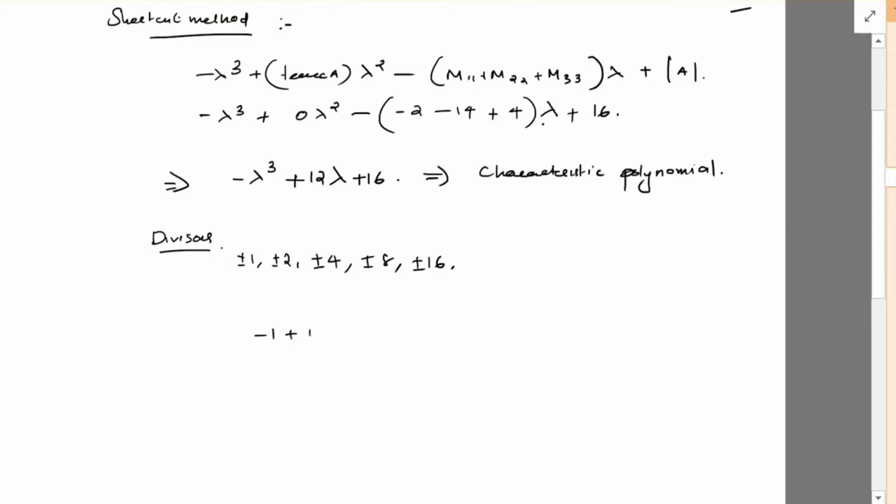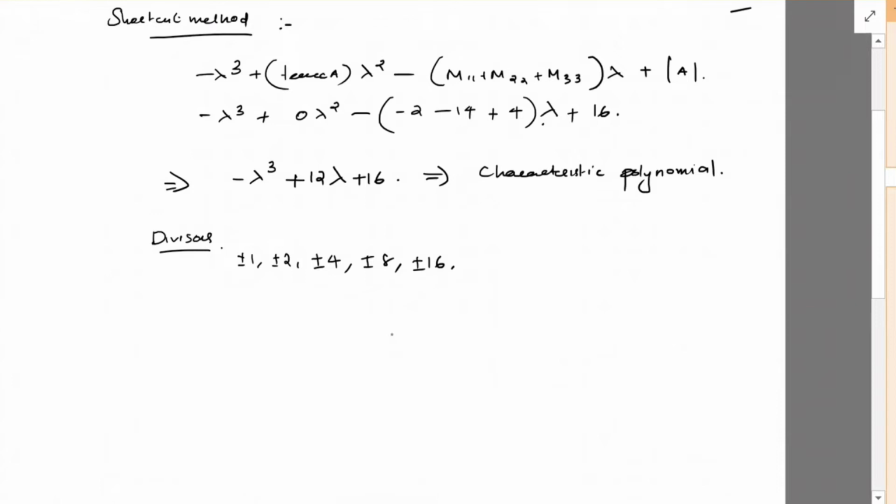Minus 1 plus 12 plus 16, which is not equal to 0. So 1 is not a root. Check minus 1. By substituting minus 1, it will be minus 1 cube, that is plus 1, minus 12 plus 16, which is also not equal to 0.